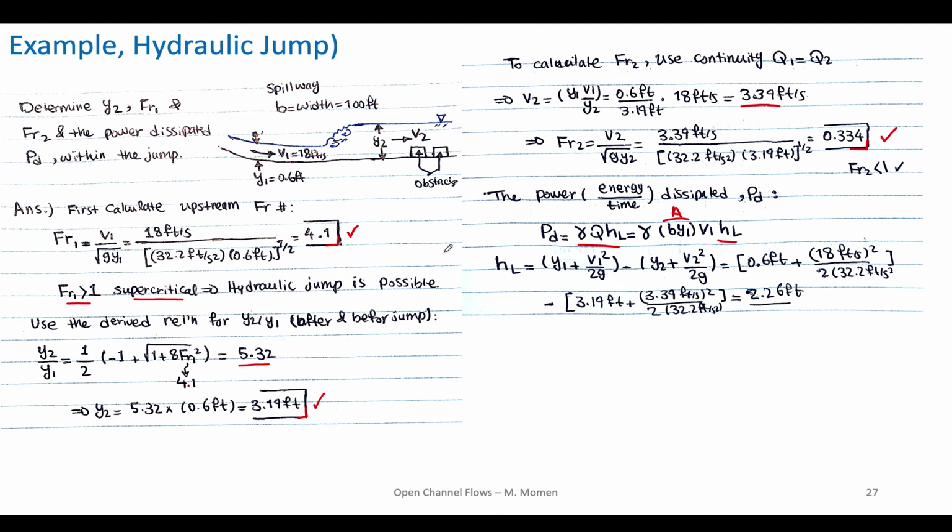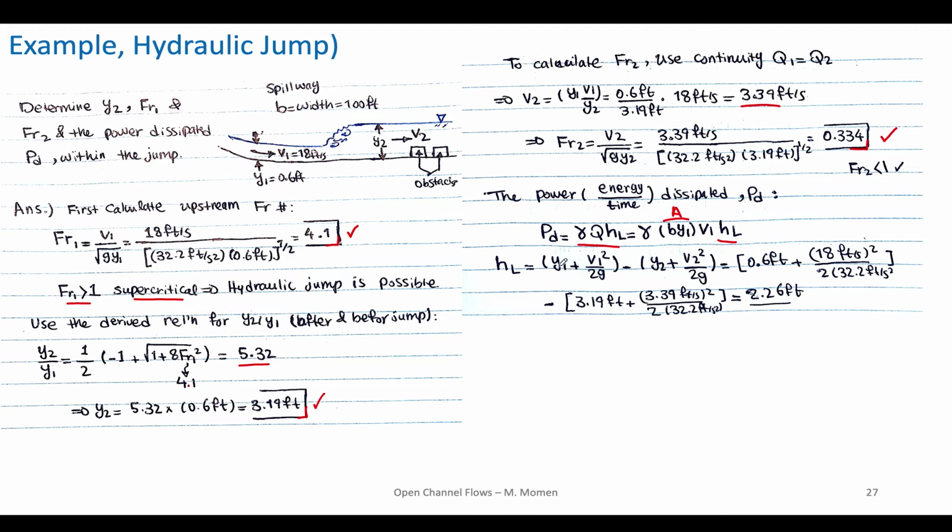So let's calculate HL, the head loss. HL is the difference between the energy at the upstream and downstream. How much energy we had at the upstream and how much we had at the downstream. The energy we can write as Y1 plus V1 squared over 2g.